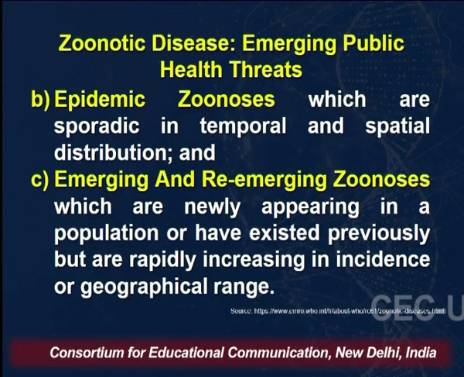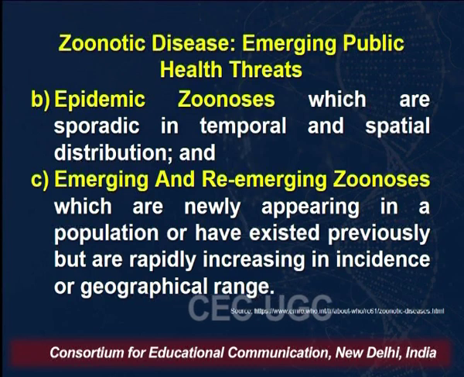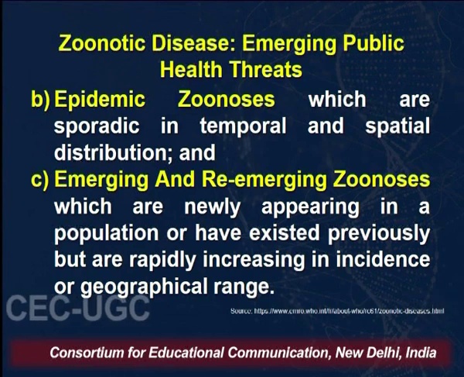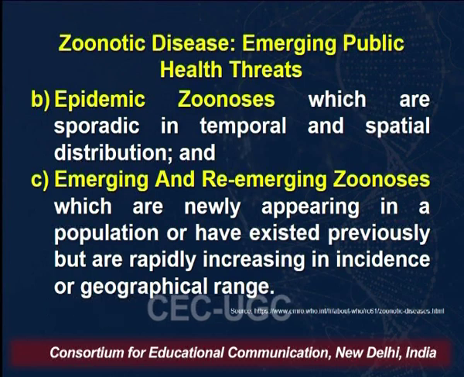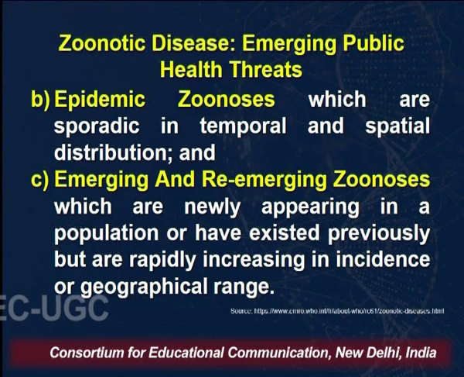The next is the epidemic zoonoses, which are sporadic in temporal and spatial distribution. The third are the emerging and re-emerging zoonoses, which are newly appearing in the population or have existed previously but are rapidly increasing in incidence and geographical region. Many of these vector-borne diseases are also a part of these zoonotic diseases, meaning they have come from the animal system to the human host.